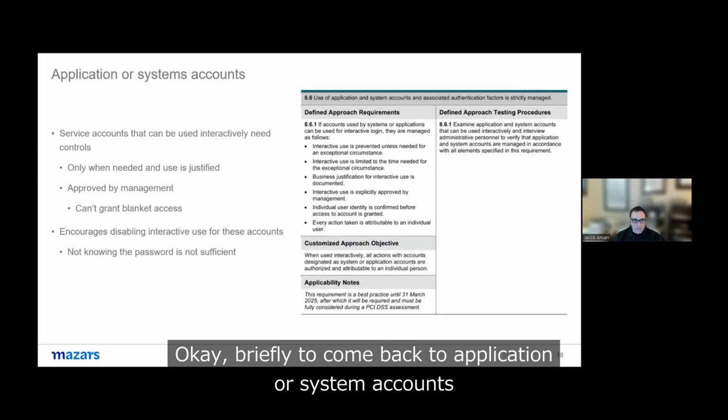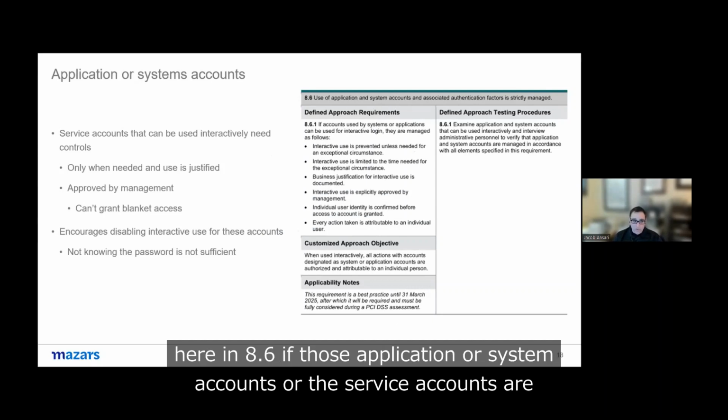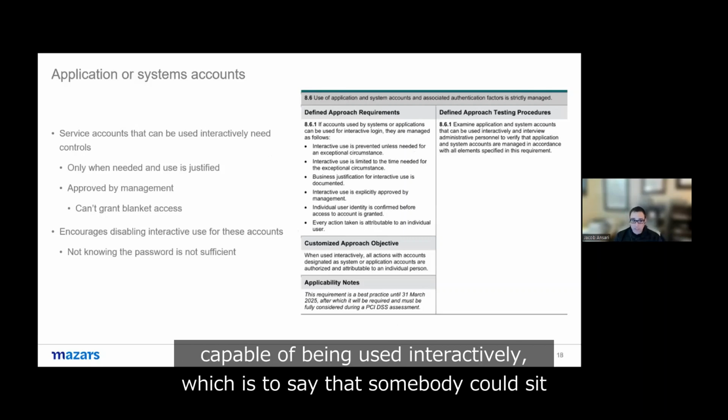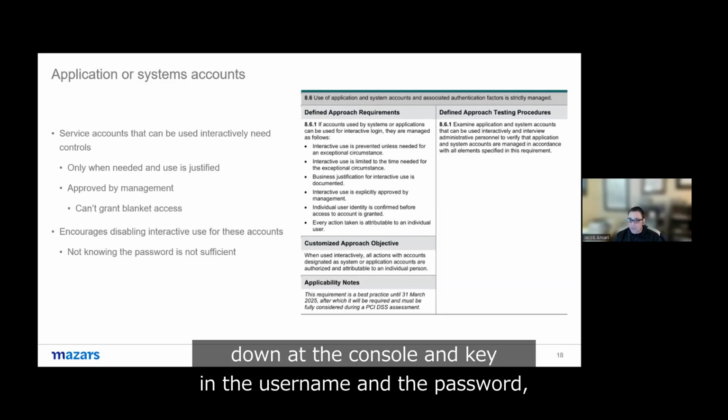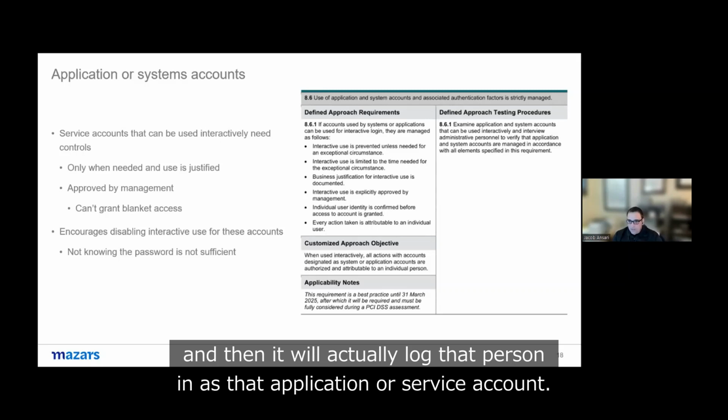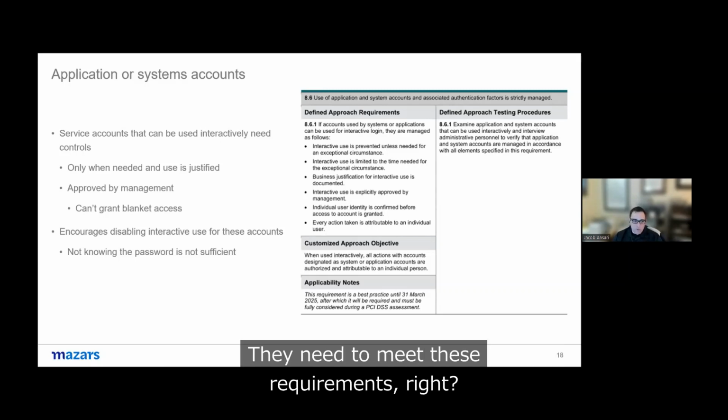Okay, briefly to come back to application or system accounts, here in 8.6, if those application or system accounts or the service accounts are capable of being used interactively, which is to say that somebody could sit down at the console and key in the username and the password, and then it will actually log that person in as that application or service account, they need to meet these requirements, right?